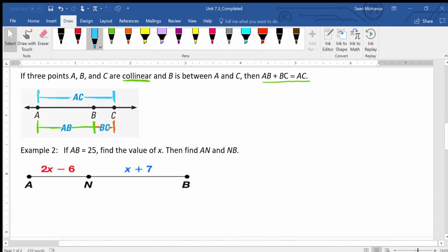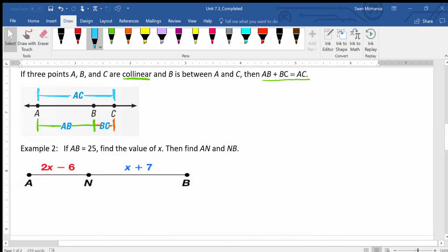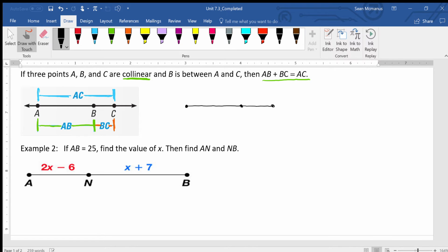On the most simple level, if this was 4 units and this was 2 units, that's telling me that if I add those two segments together, the length of AC would be 6 units.